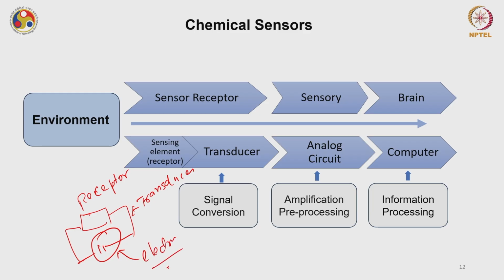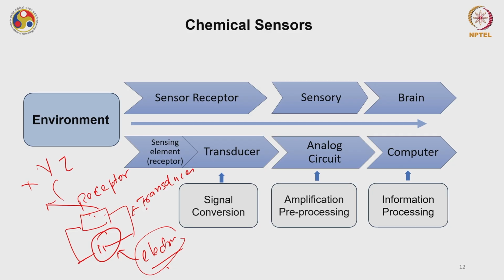So I have a sensory receptor at the forefront, where my gas molecule, say gas X, Y or Z, will interact, and this information will be transferred as an electrical signal by this transducer, and this electronic circuit will convert this signal, amplify it, pre-process it, whatever it can do. And then it will be sent to a computer or microcontroller, where the information is processed.